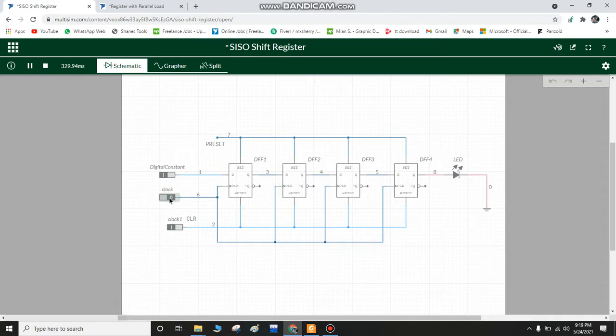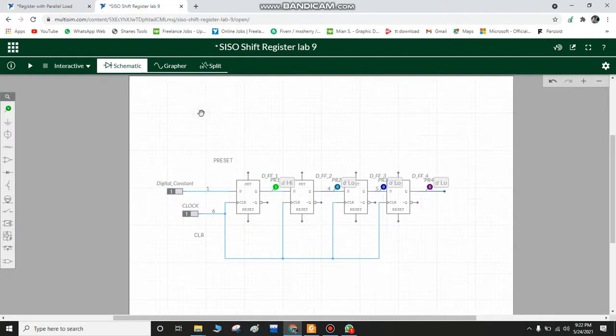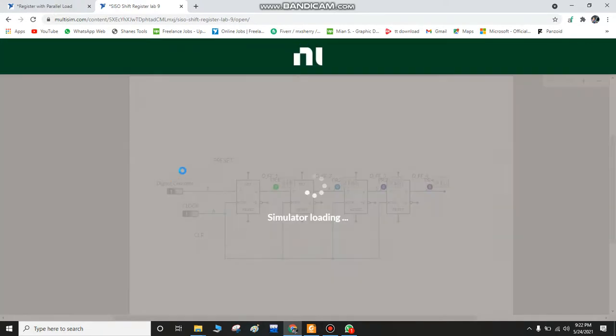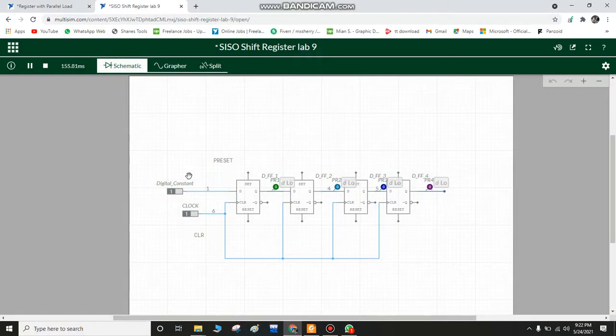When we turn on our clock, so let's simulate it. We keep digital constant 1, and when we switch on the clock, here we got input high.